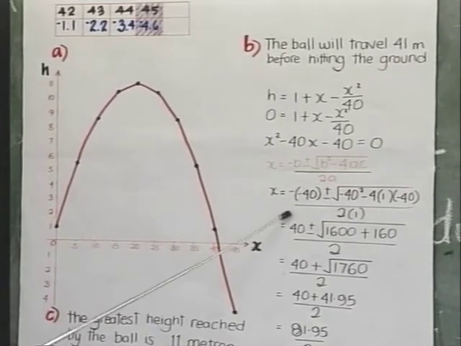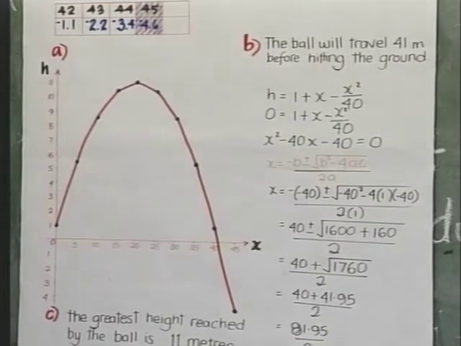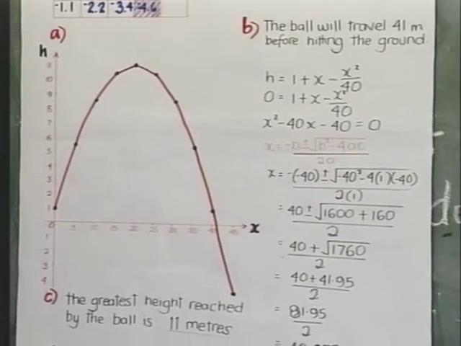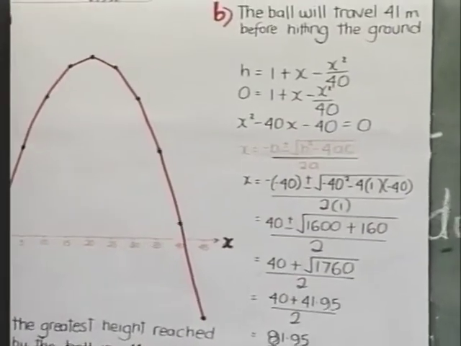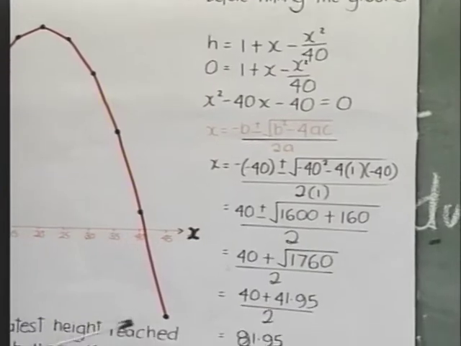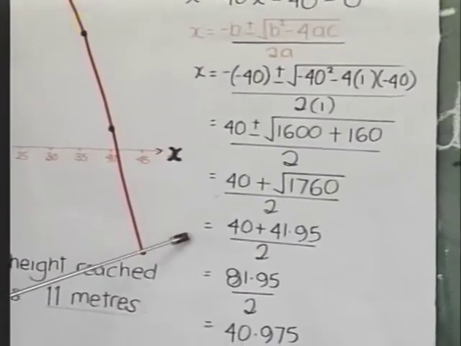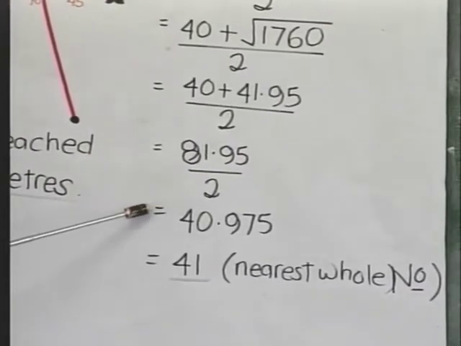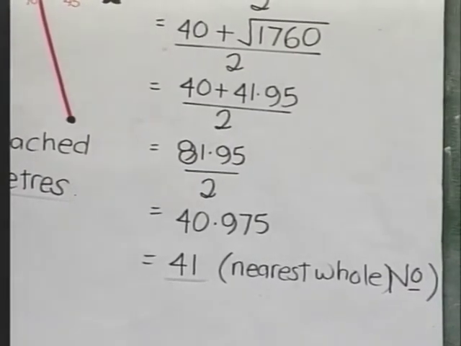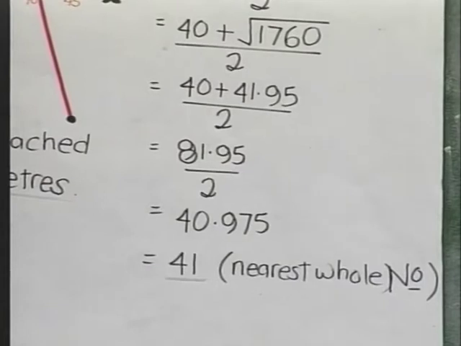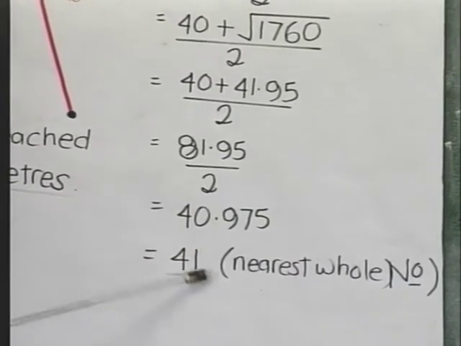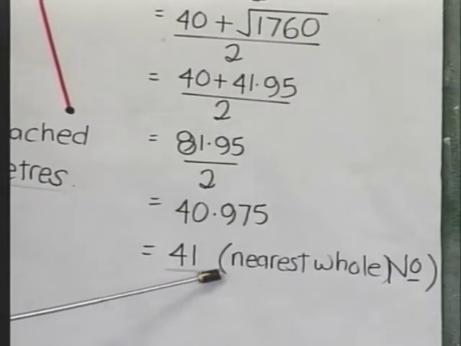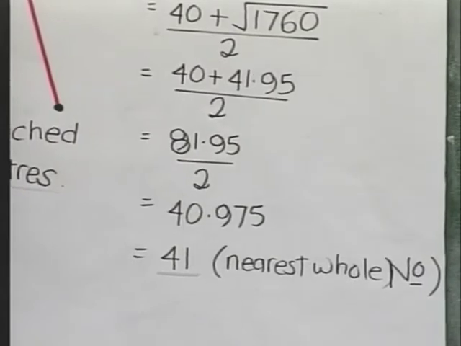Then we came up with the answer, which is 40.975. We disregarded the negative answer because in this case it is irrelevant. So rounded to the nearest, it is 41 meters.